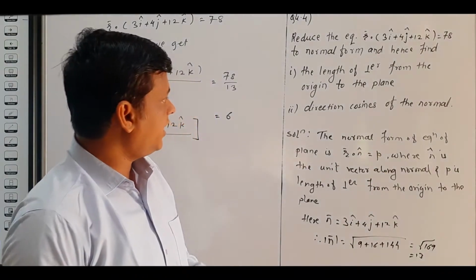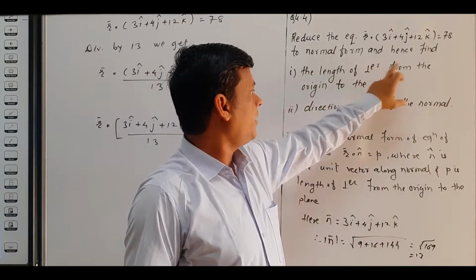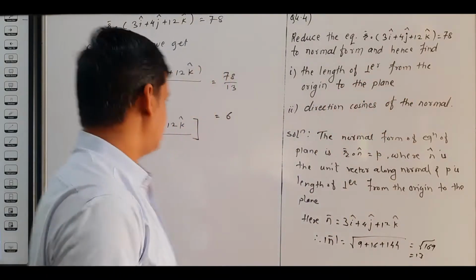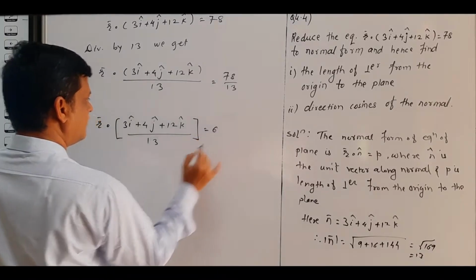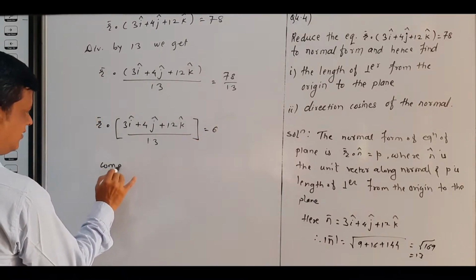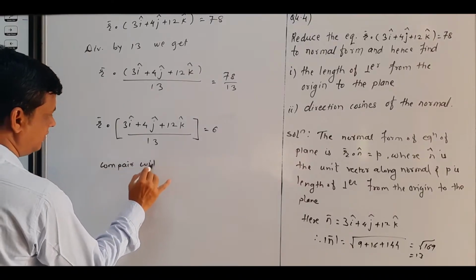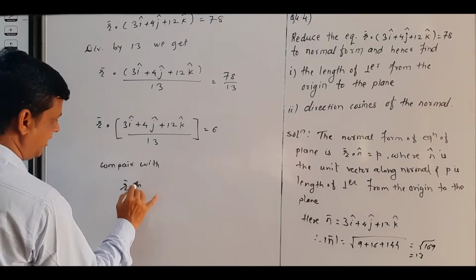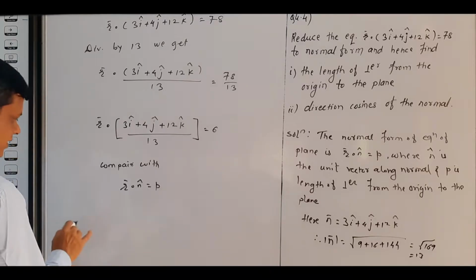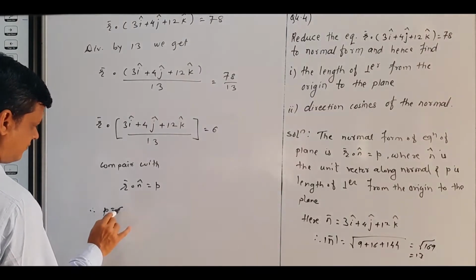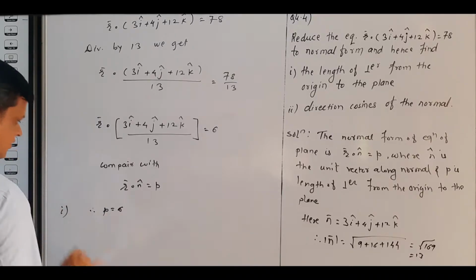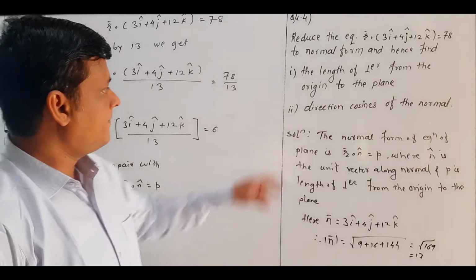So from that we get the length of perpendicular from the origin to the plane. Compare with r bar dot n cap is equals to p. Therefore p is equals to 6. This is solution of first sub question.